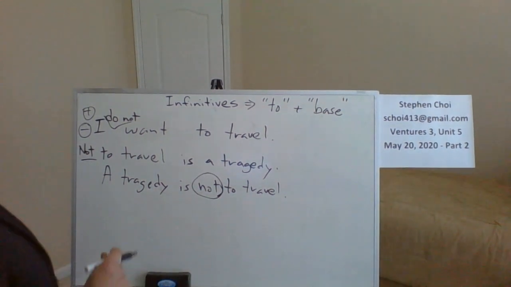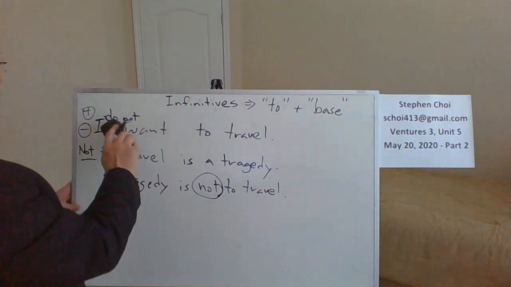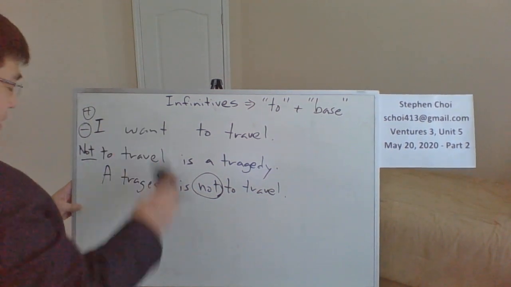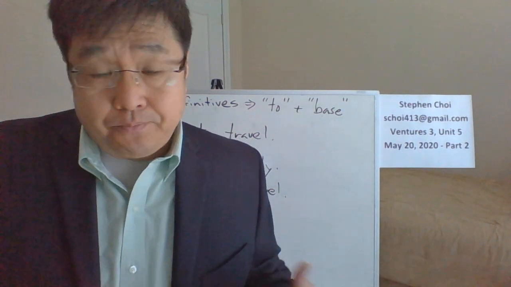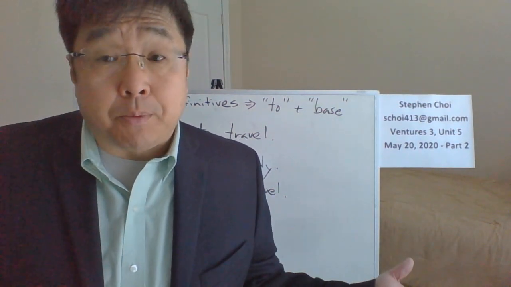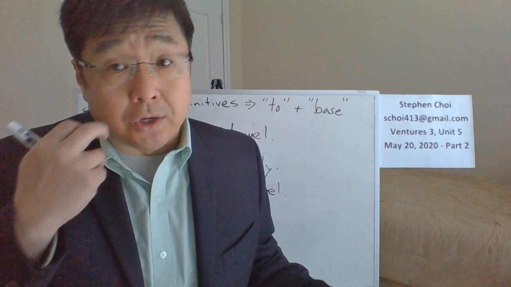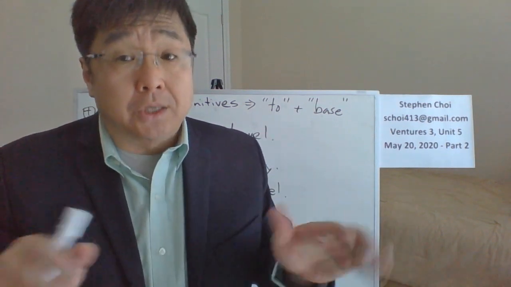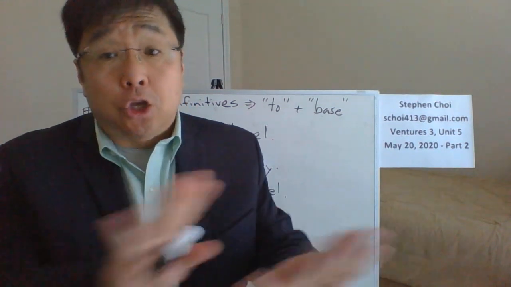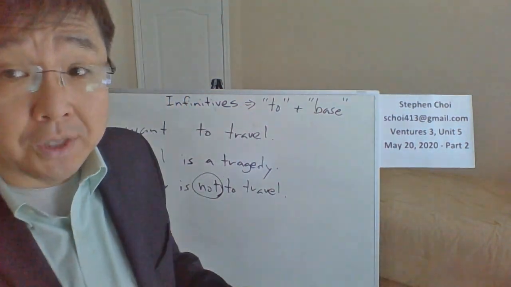Now there's a thing called a split infinitive, which is not a good thing. Some people say a split infinitive is okay in certain cases, and in fact it might actually be better. But in general, as ESL students, you don't want a split infinitive. What does that mean?